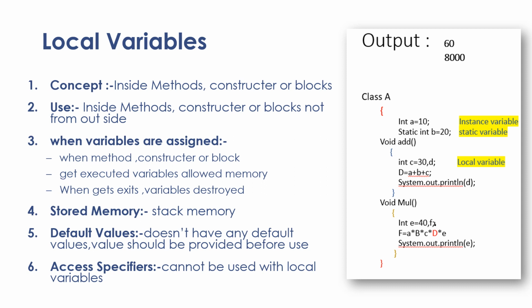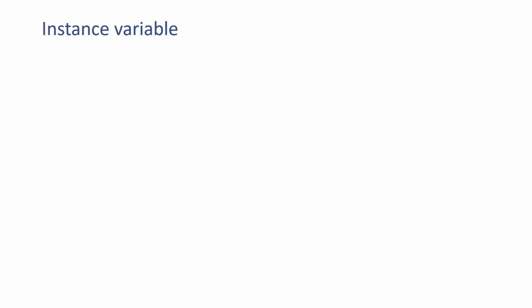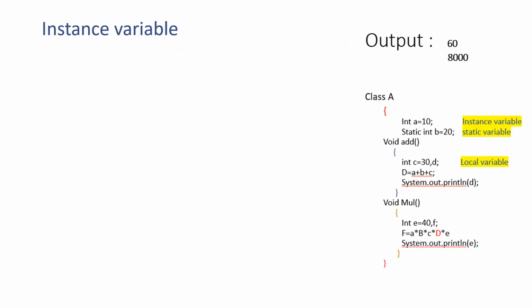So as I showed, you are clear about local variables, and we will see instance variables. Instance variables, as I said, are outside the method and within a class. If you see here, this is a class, so from here to here is the complete class, starting to ending.